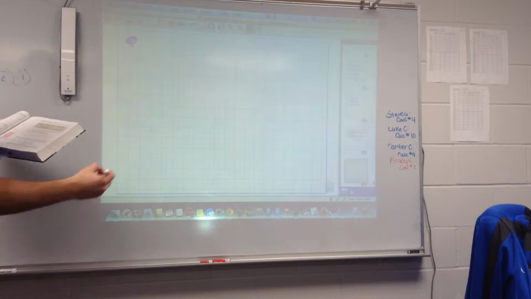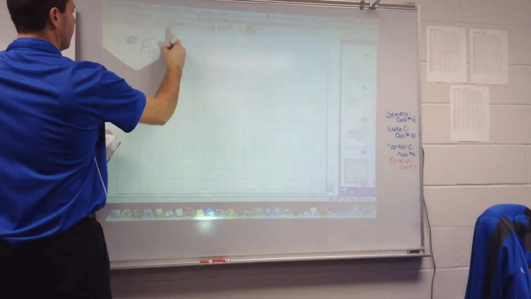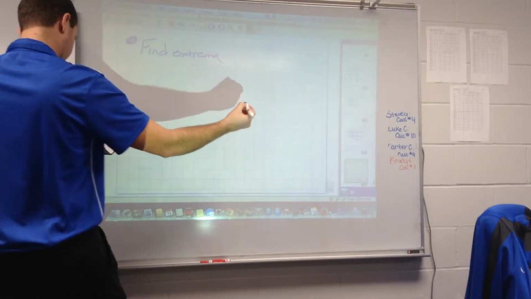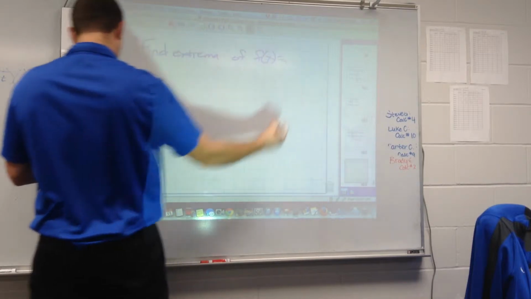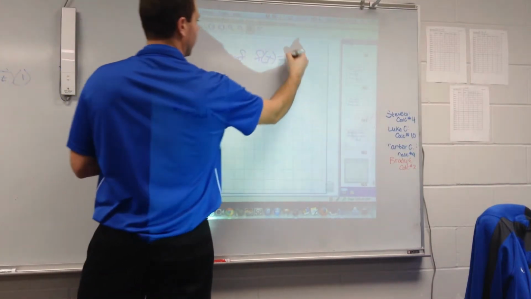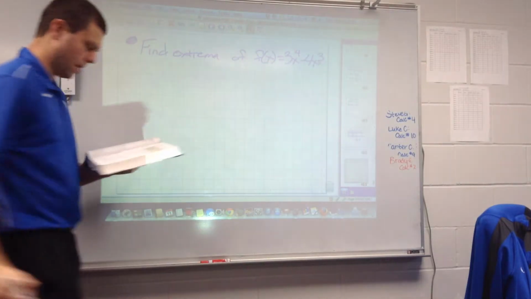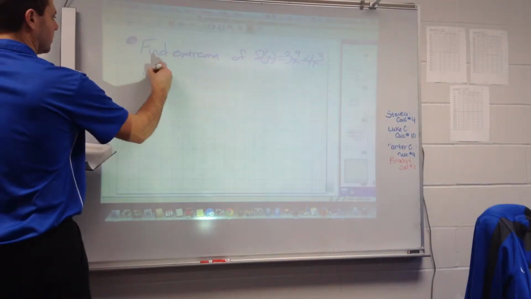Okay, so it says find the extrema of f of x equals 3x to the fourth minus 4x to the third. Again, this is just example number 2. 3x to the fourth minus 4x to the third on the interval -1, 2.